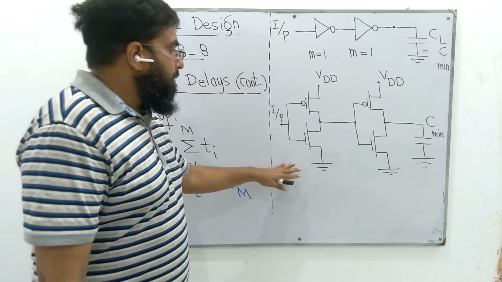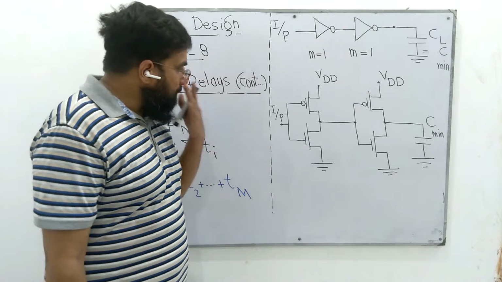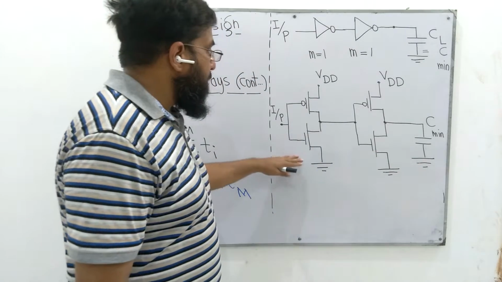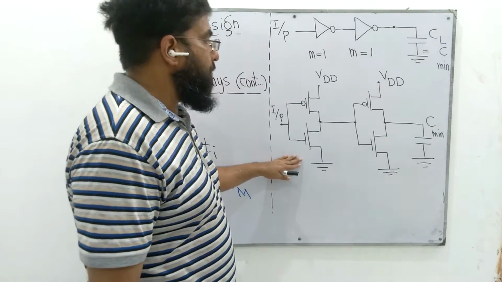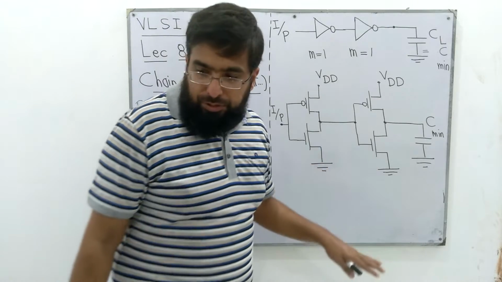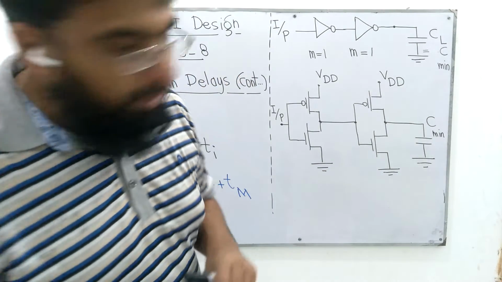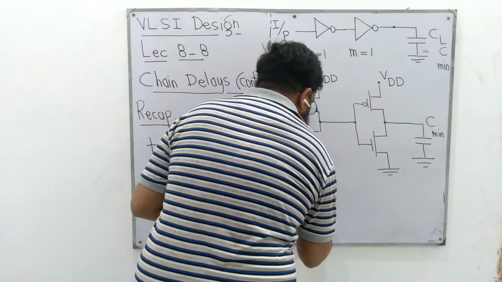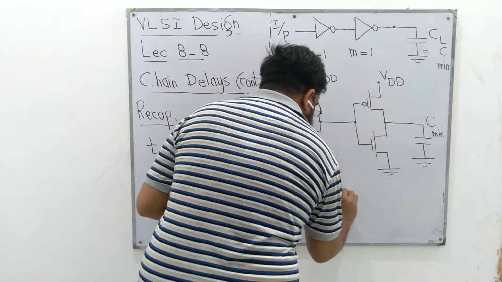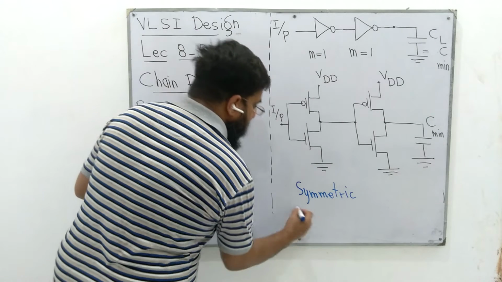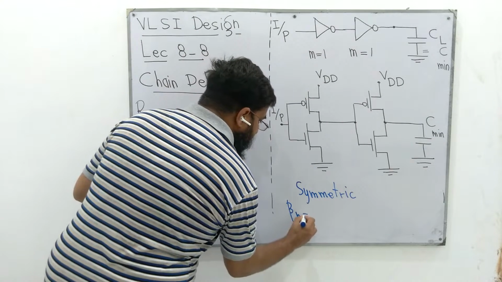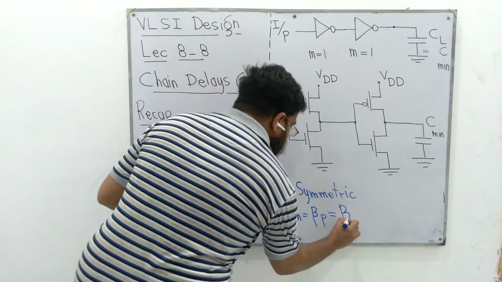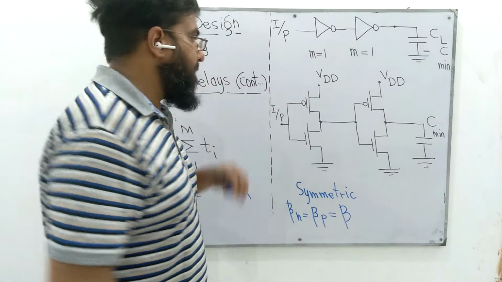Right. So this is the schematic of the same. We have this NOT with M equal to 1, this NOT with M equal to 1. And since they both are symmetric gates, we know that for a symmetric NOT, beta N is the same as beta P. We can also call it simply beta.